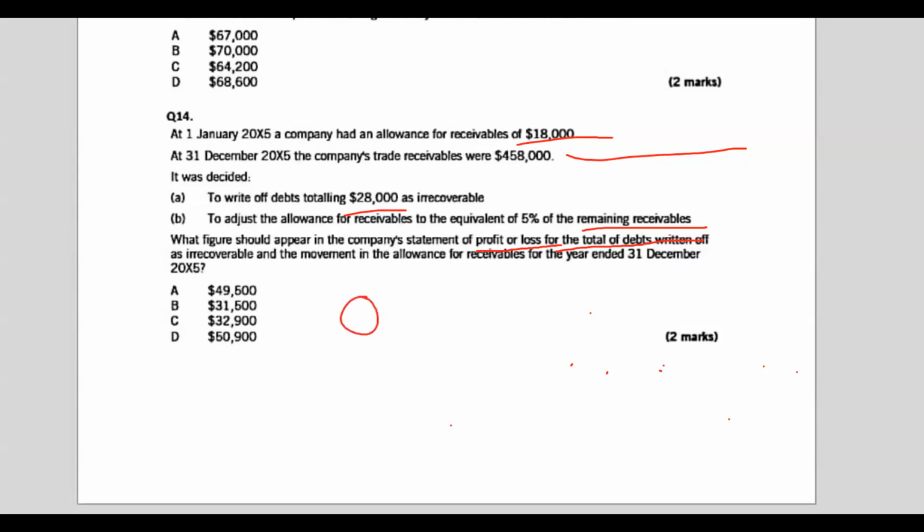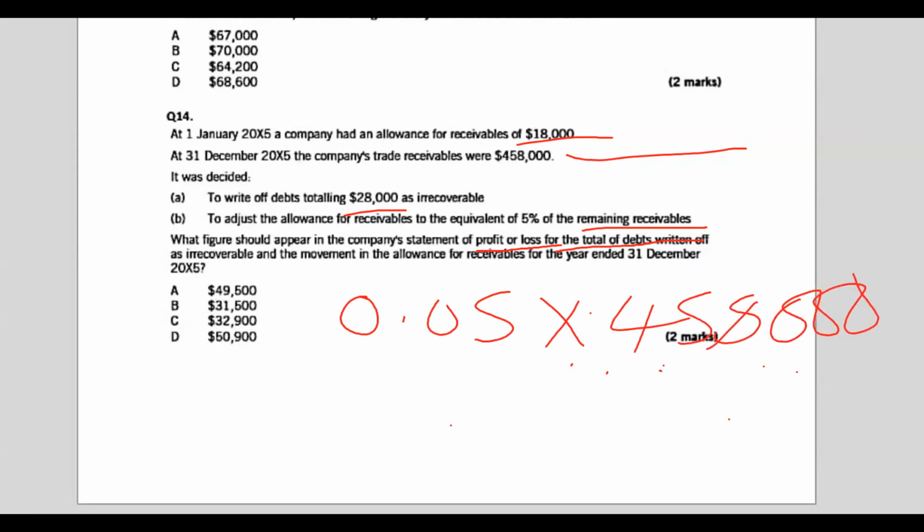Okay, so the 18,000 there on top is coming from the previous year, isn't it? Yes, sir. So we'll leave it for now. We'll just multiply 0.05 by 458,000.